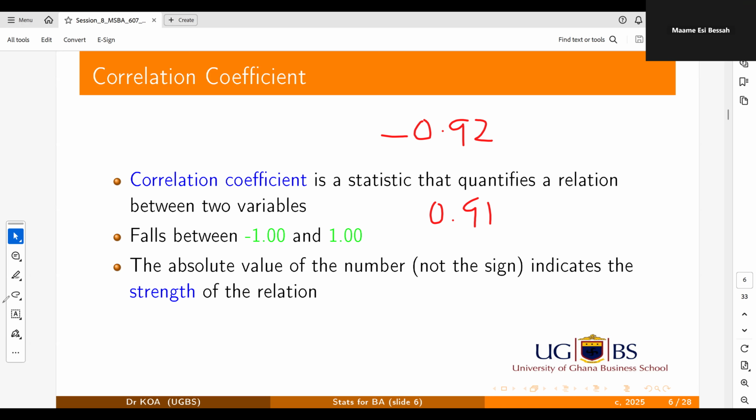Why? Because you're taking the absolute value of the 0.92, so it becomes a positive number. And then when we compare to 0.91, it's higher. Excellent. So that is how you analyze correlation all the time. In fact, you have a compulsory question on descriptive statistics and correlation all the time, and regression. So it's important that you are getting it.